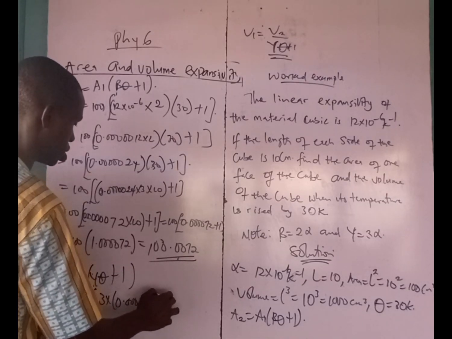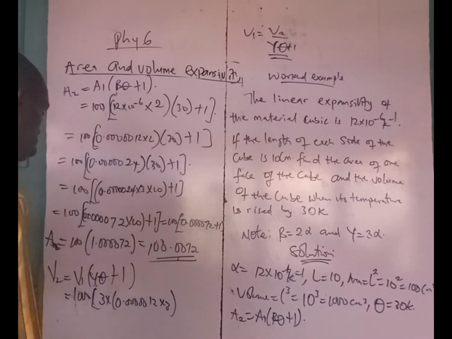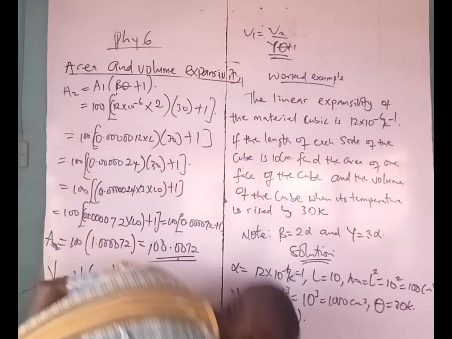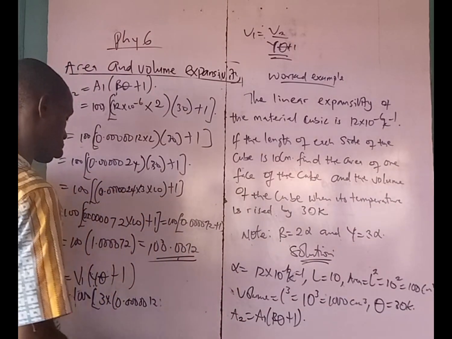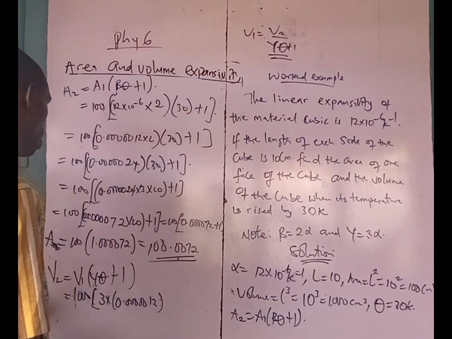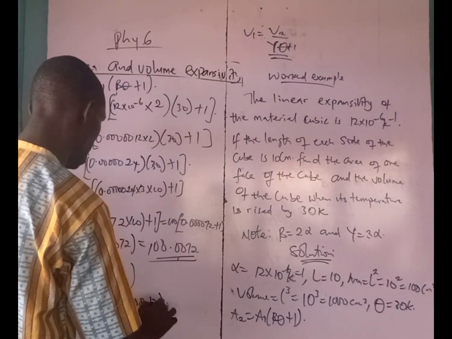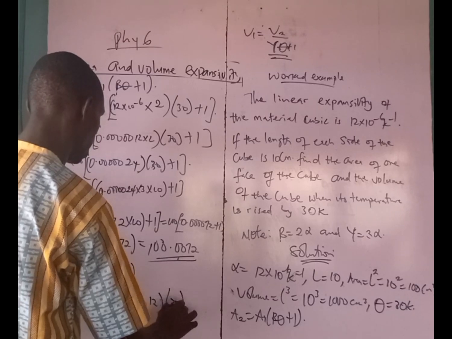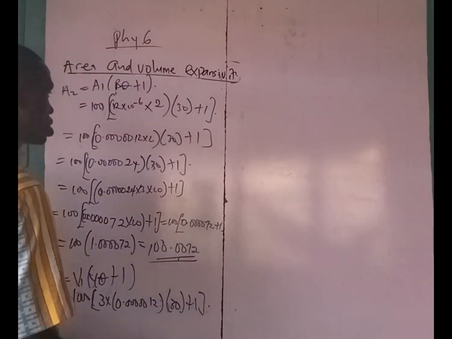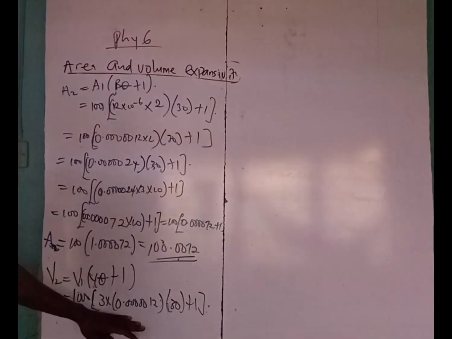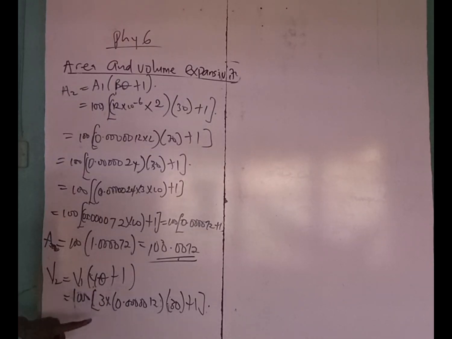This one is times 3, times theta, 30 plus 1. I hope you understand this. This tau is giving us 3 alpha. And we are told that our alpha is this, so multiply by this, and add this to this. Alright, let's quickly see.